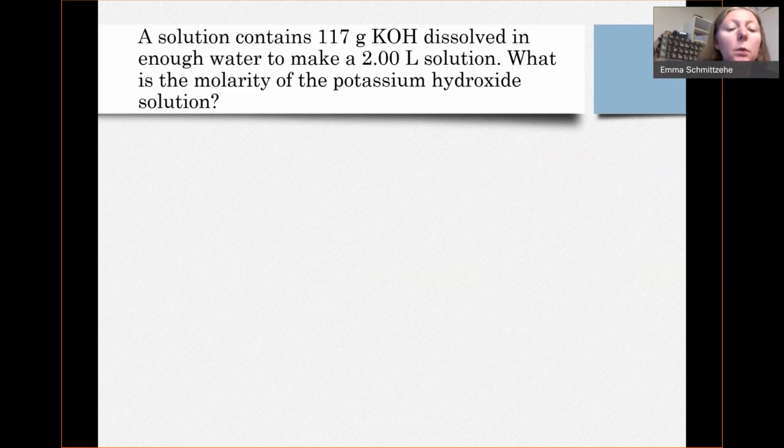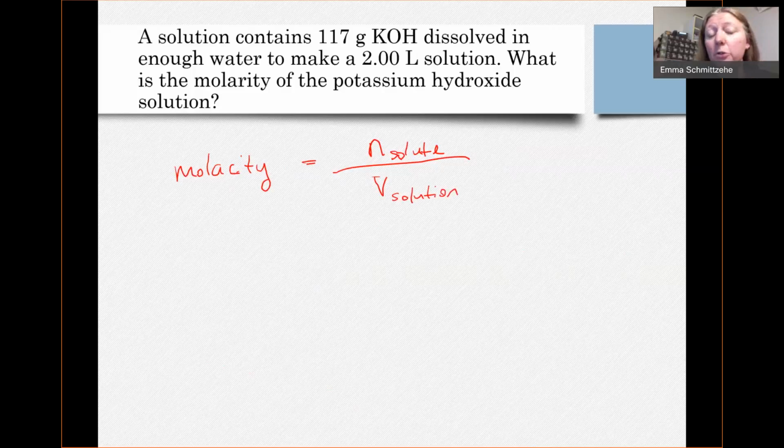Okay, so we want a molarity, and molarity is moles of solute. So n is what we use for a symbol for moles. So moles of solute over the volume of our solution. Of course, that needs to be in liters. And so we would take, well, the 117 grams, we need moles.